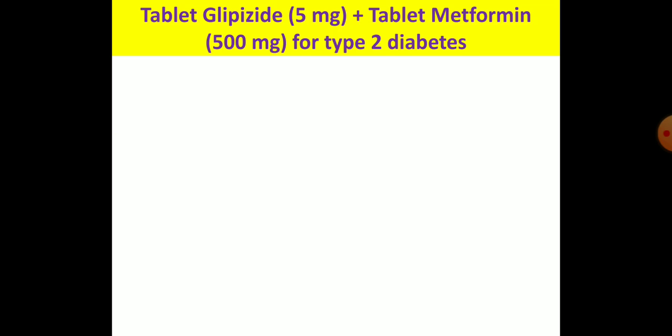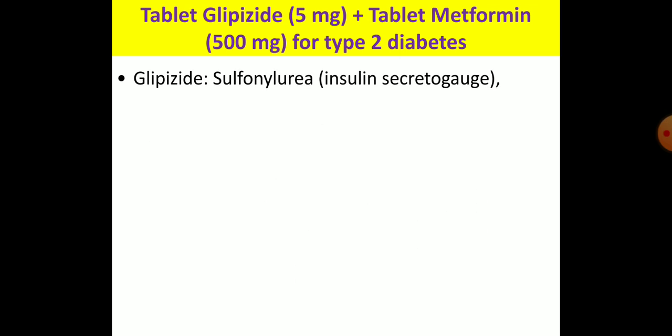Most commonly used combination: tablet glipizide 5 mg and tablet metformin 500 mg for type 2 diabetes. Glipizide is a sulfonylurea, an insulin secretagogue, and it is indicated. The dose of 5 mg is also adequate.